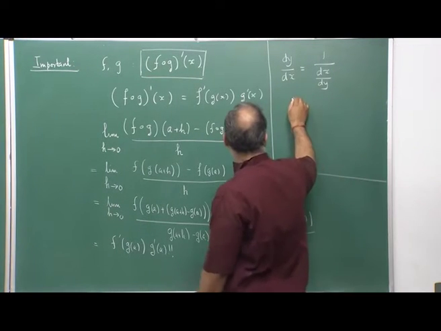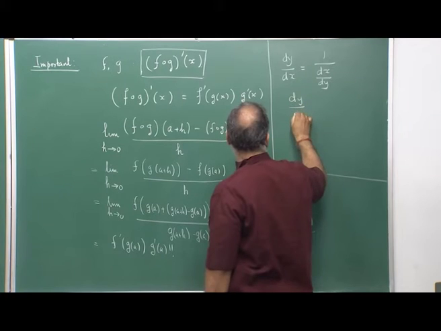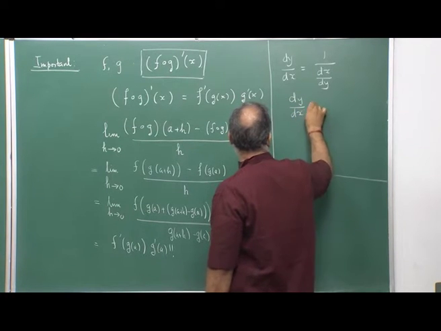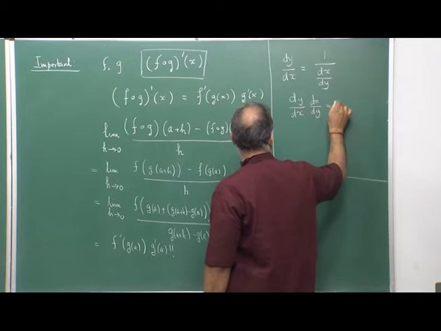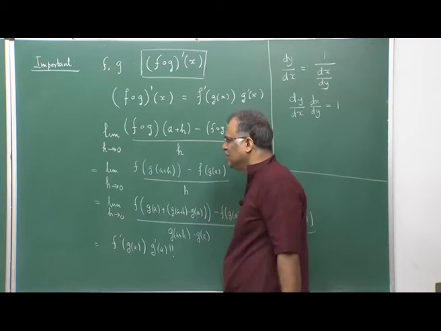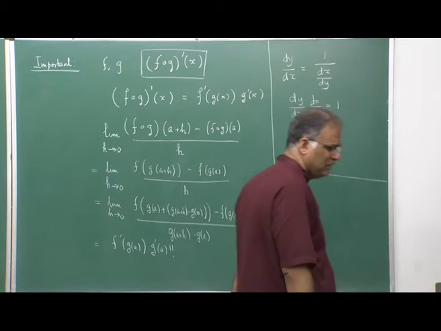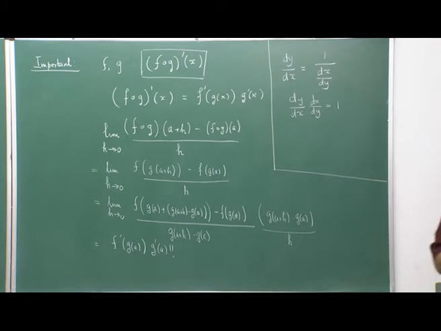So it simply means that dy/dx into dx/dy is equal to 1. So, how do I justify this? This justification actually comes from the chain rule.